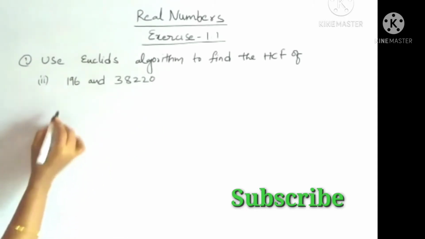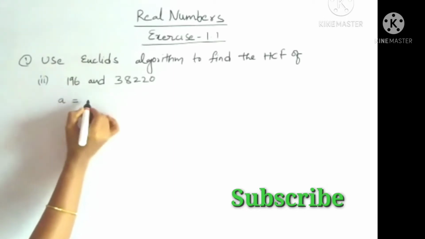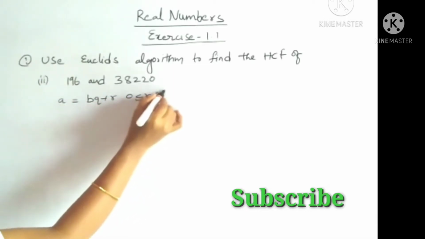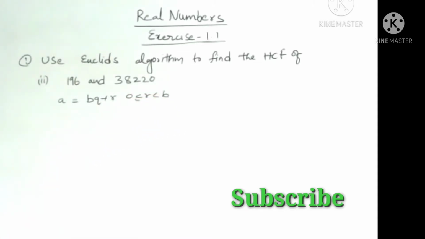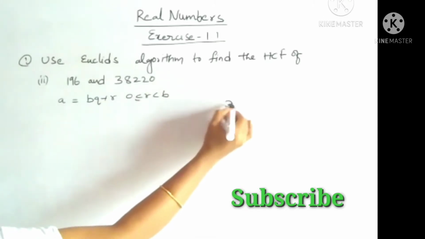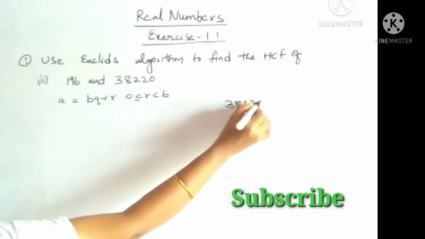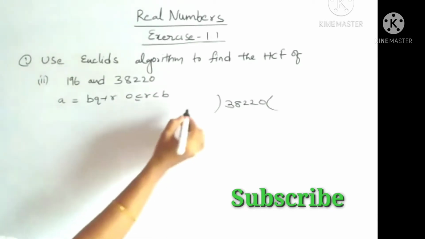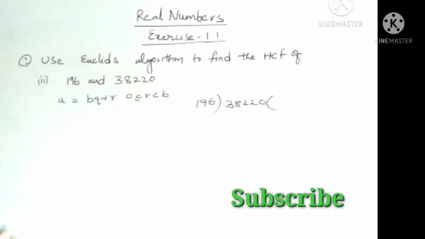By Euclid algorithm, A is equal to BQ plus R, 0 less than or equal to R less than B. First we write this, and in the rough work, the big number here is 38,220 and the smaller number is 196. So you divide this by 196.